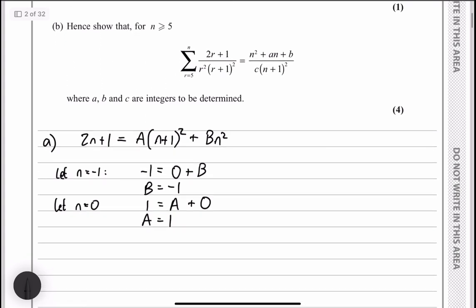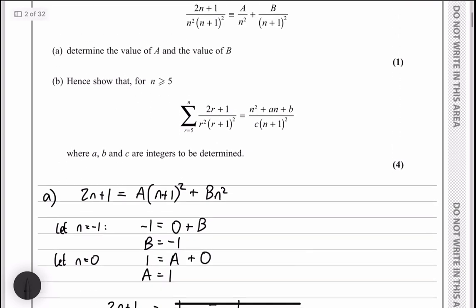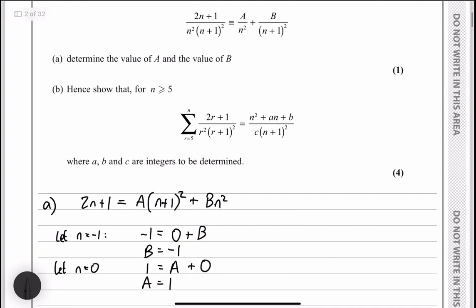So we can say that 2n plus 1 over n squared, n plus 1 all squared, is equal to 1 over n squared minus 1 over n plus 1 squared. Double check. Yes. Hence, show that for n is greater than or equal to 5, this is true.